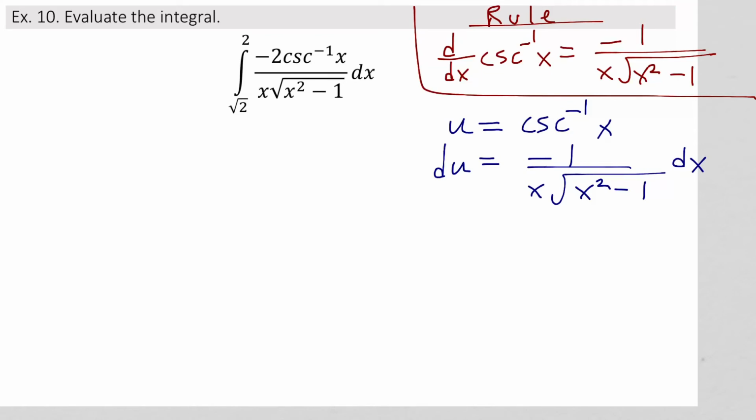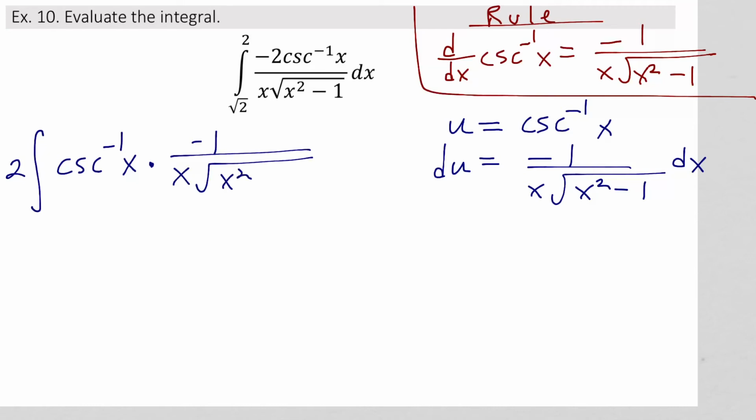Now what we can see going on here is if I split this up a little bit, I've got the inverse cosecant of x. Okay, I've got a 2 I can stick out front there, and I'm going to separate off the negative and the x radical x squared minus 1 dx.